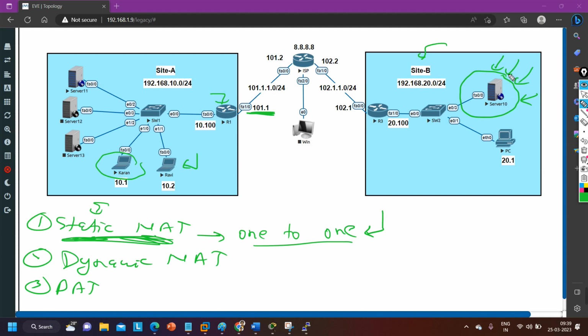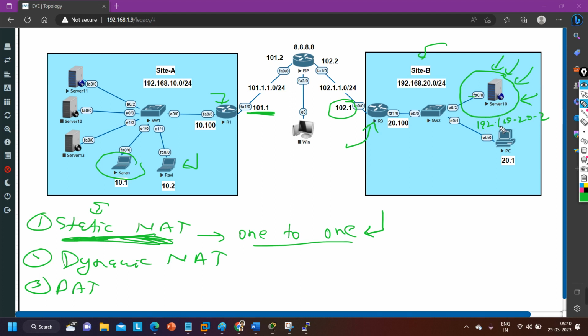So here, whenever you have a server in your network and you want to give access of that server to outside users, you need to configure a static NAT in that scenario. So here on router number 3, you should configure a static NAT. And this is your public IP address. Suppose I have configured a static NAT for this server to this public IP address. Suppose the IP address of this server is 192.168.20.2.